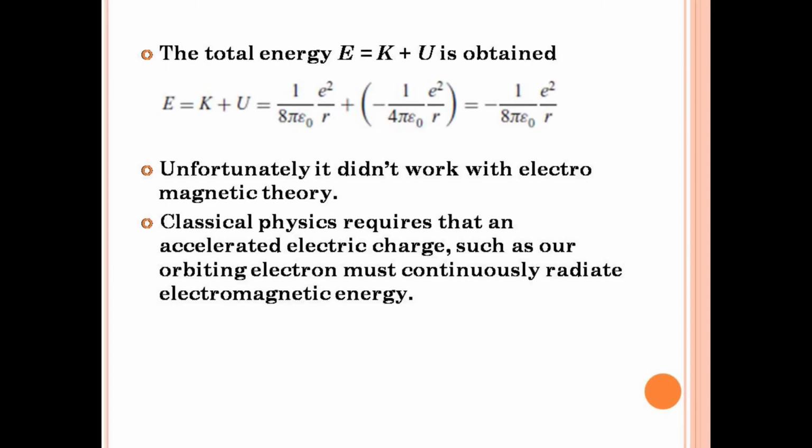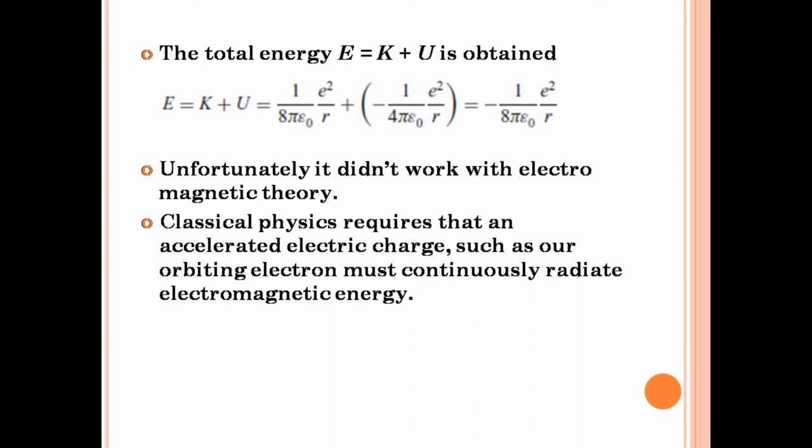So here we obtain the equations for the kinetic energy and the potential energy. Now we find the total energy, E = K + U = 1/(8πε0) e²/r − 1/(4πε0) e²/r = −1/(8πε0) e²/r. Simple calculations.